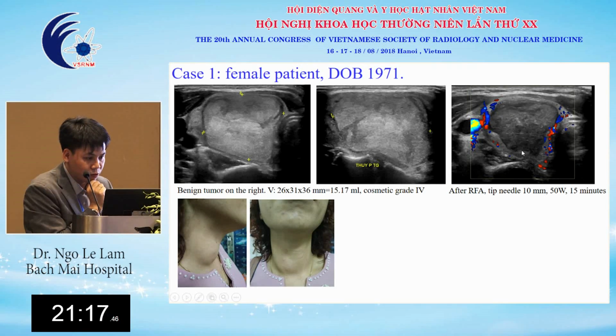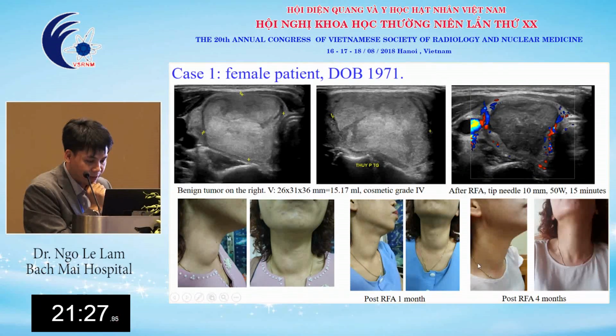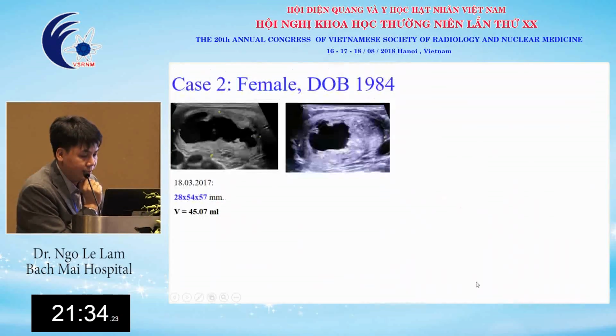This is the IFA image. Just after IFA, you can see the low echogenicity area. The lesion was reserved for the triangle, the dangerous triangle. This is after 1 month and 4 months. The lump has almost disappeared.